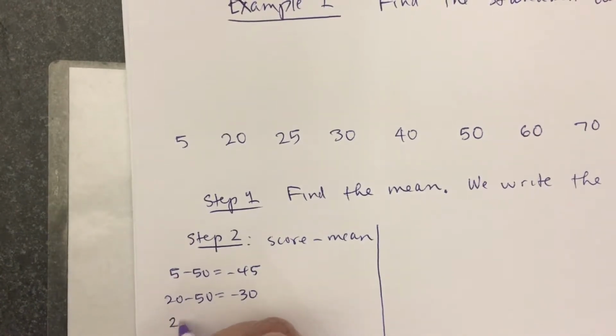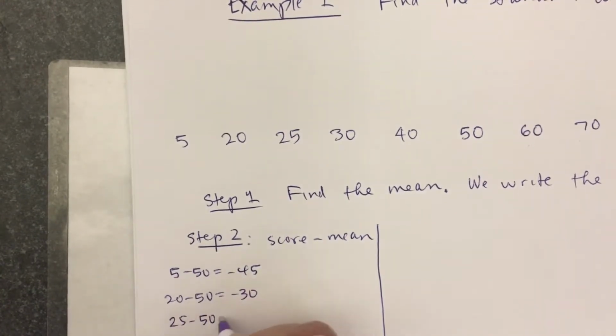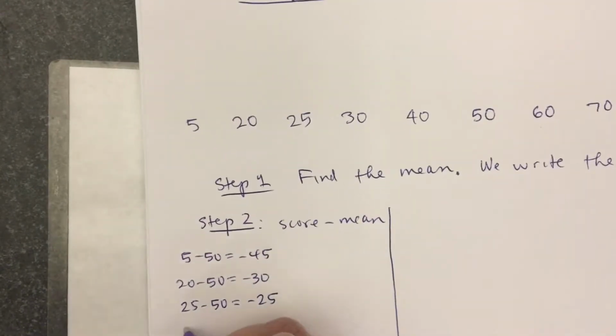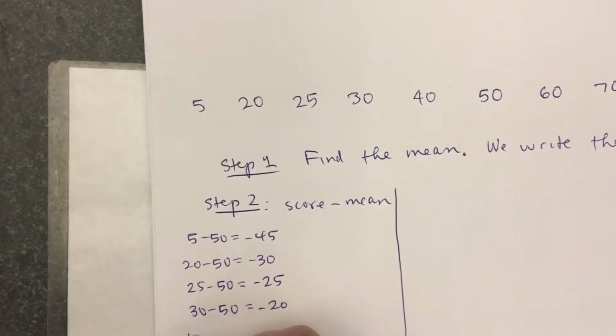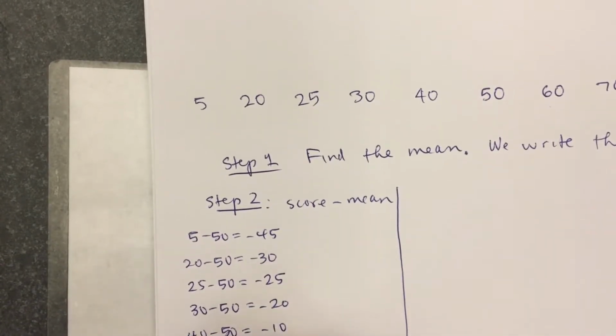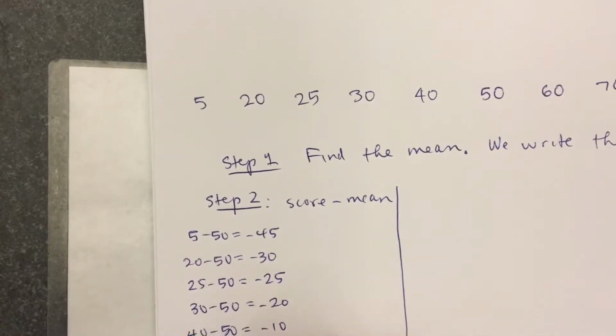The next one is 25. 25 minus 50 is negative 25. And then 30 minus 50 is negative 20. 40 minus 50 is negative 10. And then 50 minus 50 is 0.